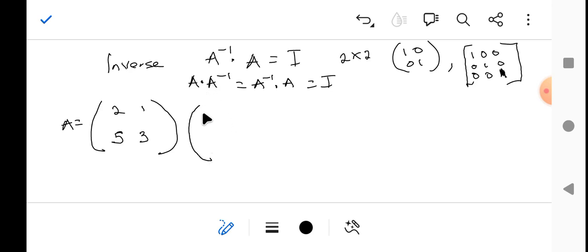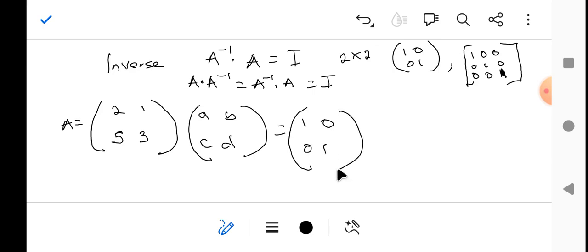Let's say the matrix is a, b, c, d, which we are going to look for. Then this should give me the identity matrix 1 0 0 1, right? Good. So basically, if I'm able to obtain the values of a, b, c and d, they are going to be the elements of this inverse matrix, while here we have the identity matrix.